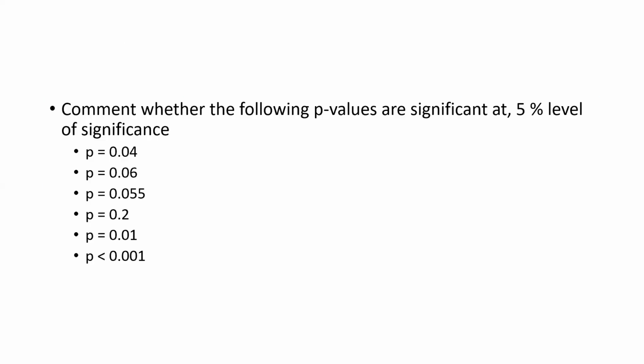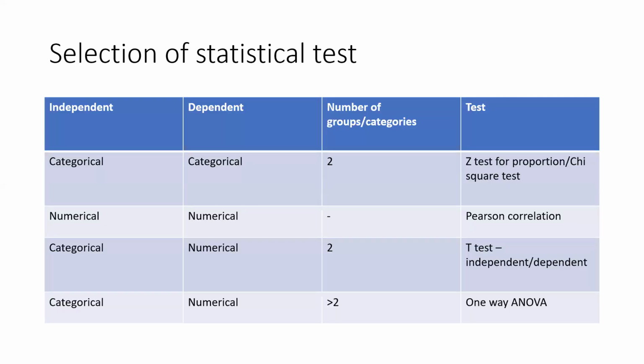Then how do you calculate this p-value? To calculate this p-value, we use a statistical test. I don't think you will be asked about how to calculate this statistical test and these values, but you should have a basic idea about what statistical test to use.